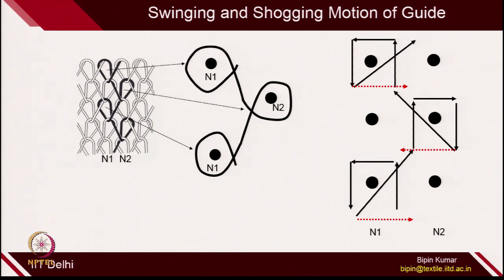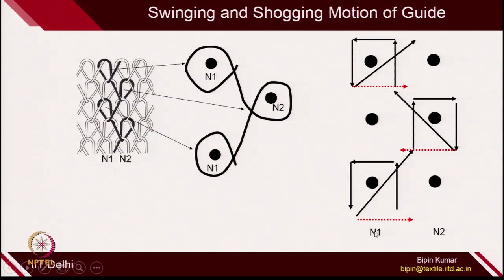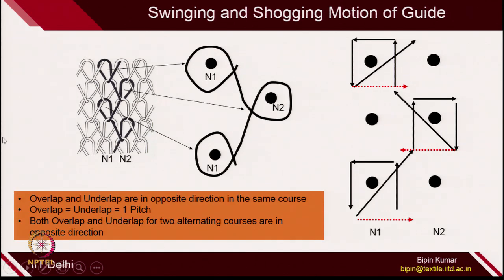So, both shogging on the front side and back side is important. Front side for providing the yarn, back side for changing the location of the guide after each course. If you carefully see some of the observations here, overlap and underlap are in opposite directions in the same course. If you see any particular course, first the overlap is from right to left, you can see the direction of the arrow, and the second, the underlap, is from left to right.